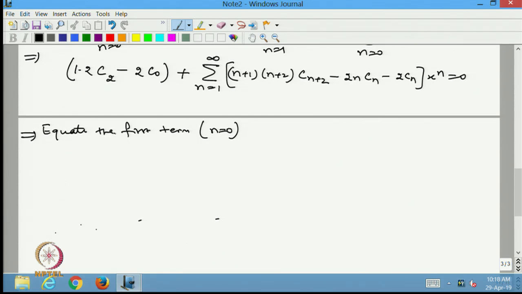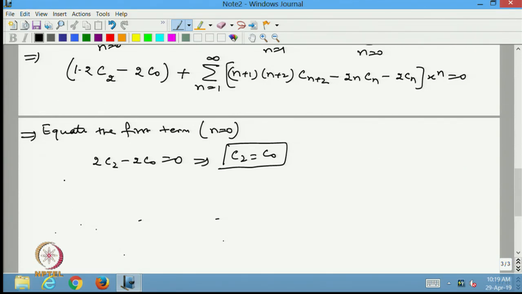From here I will get 2 C2 minus 2 C0, and that is equal to 0. So, from here I will get my C2 is equal to C0. So, I get my coefficient C2 in the form of C0.